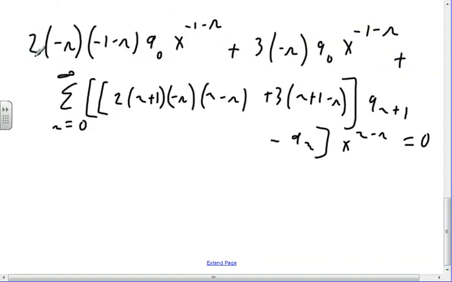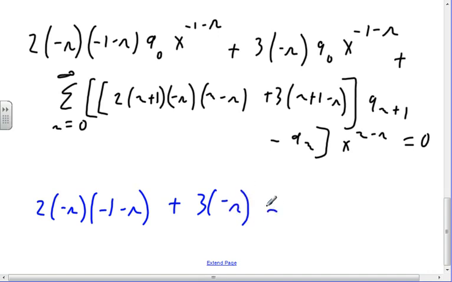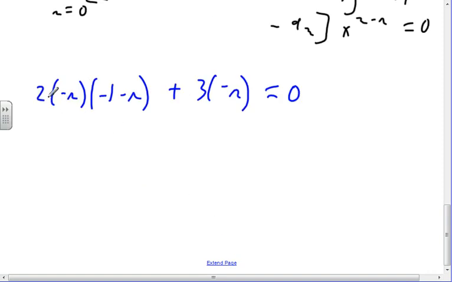Okay, now look at the terms outside of the summation. They're all a0 and they're all x to the minus 1 minus r. I can divide by those things and I have that 2 minus r times minus 1 minus r plus 3 times minus r has to be 0. So I've got 2r squared plus 2r minus 3r is 0.